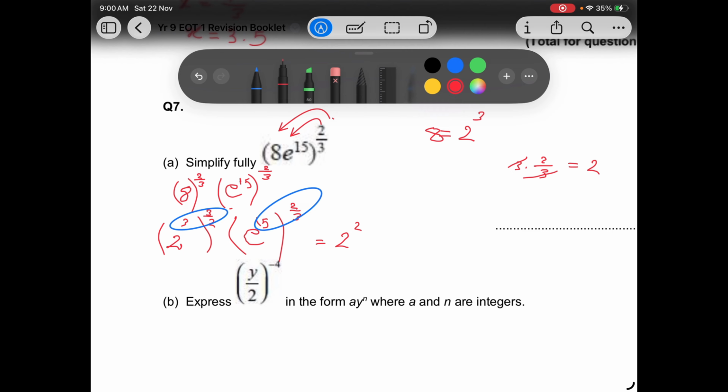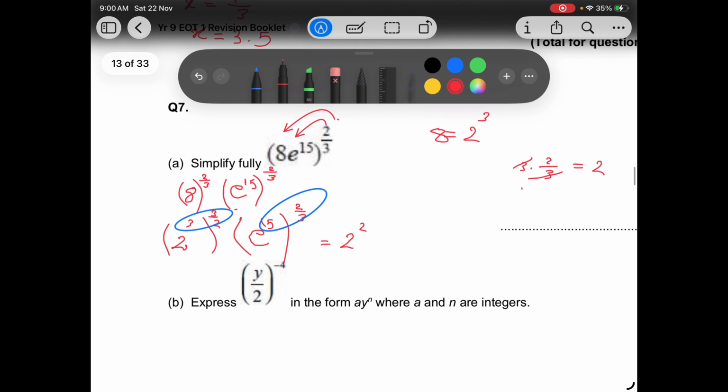And here, if you multiply 15 by 2 over 3, you can do it here aside. 15 times 2 over 3, you know that there's a simplification here, so you can divide something on the top with something on the bottom, so it will be 5, and it will be what?